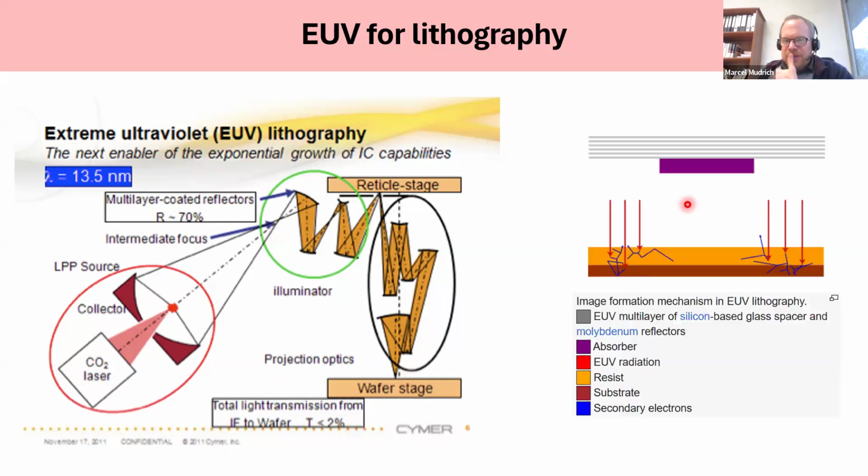This is from Wikipedia, the information on how the structure is then imprinted on the substrate. It relies on covering the substrate by what is called a photoresist.